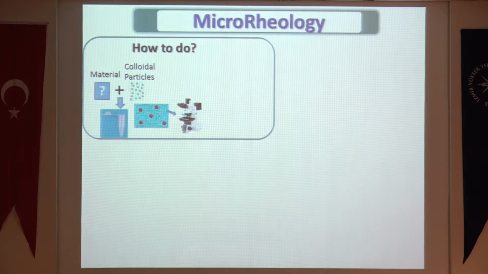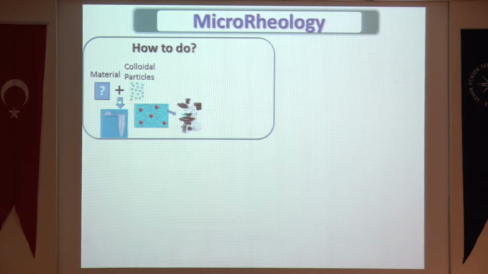So how to do microrheology? This is an advertisement for potential graduate students, how I lure them to study this. It's quite simple. You have the material. It can be a gel, a fluid, any material that you want to study.